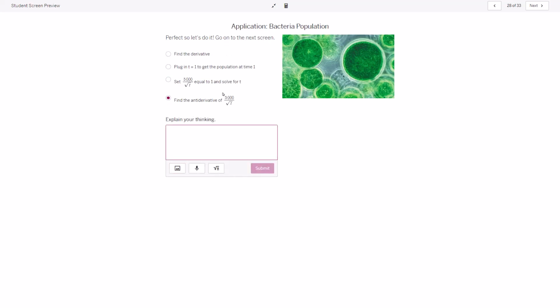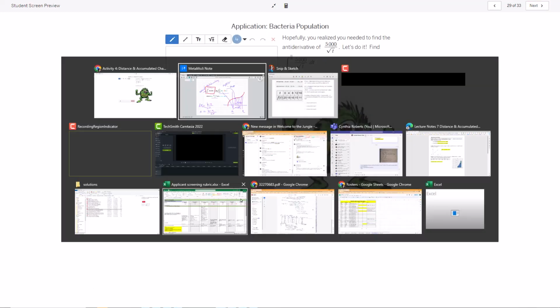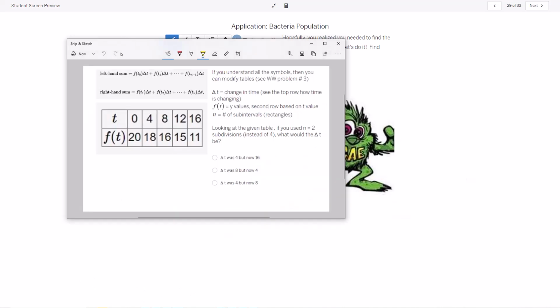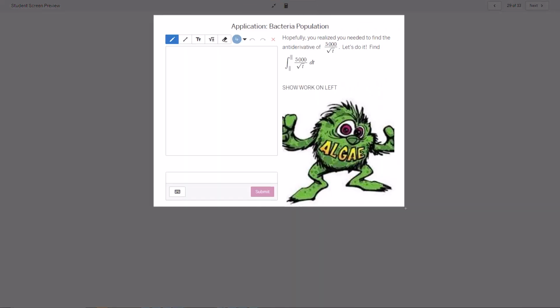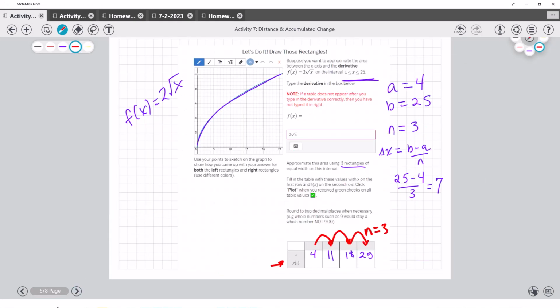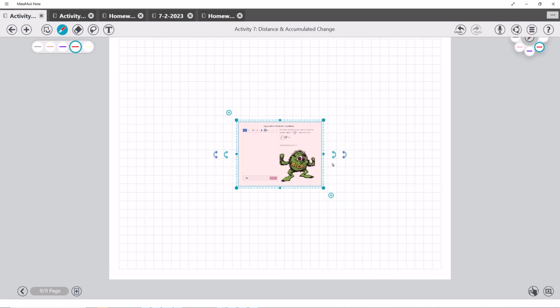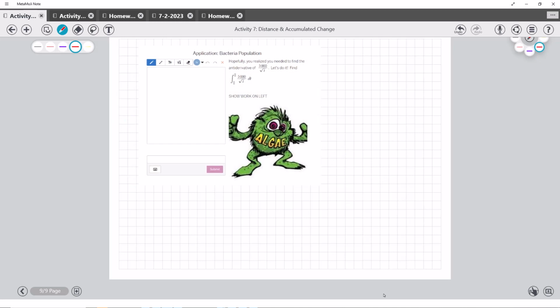My thinking is because that was given to me as a rate. So let's see if I can do this. The first thing I see is a fraction, which we all love to hate.